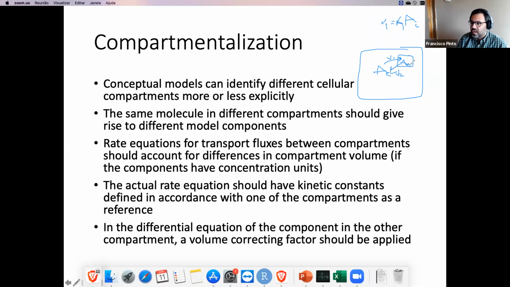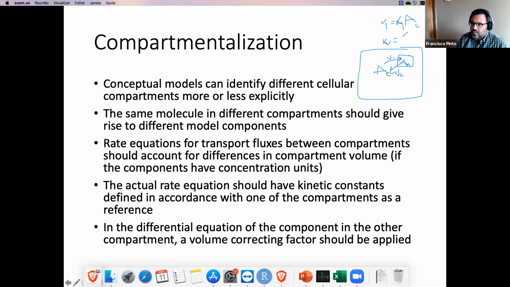So normally what we do is we have another constant, for example Kv, a constant related to the volume.